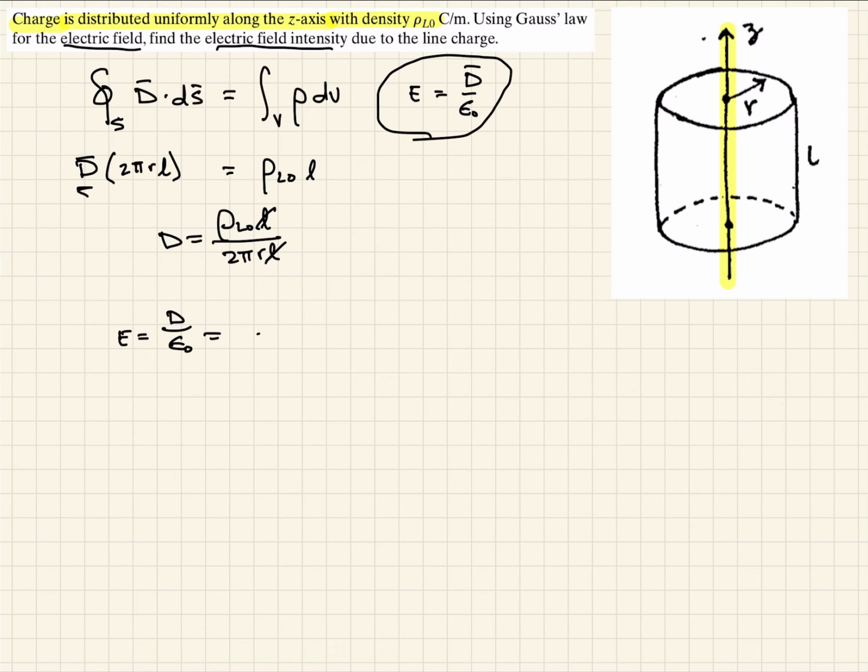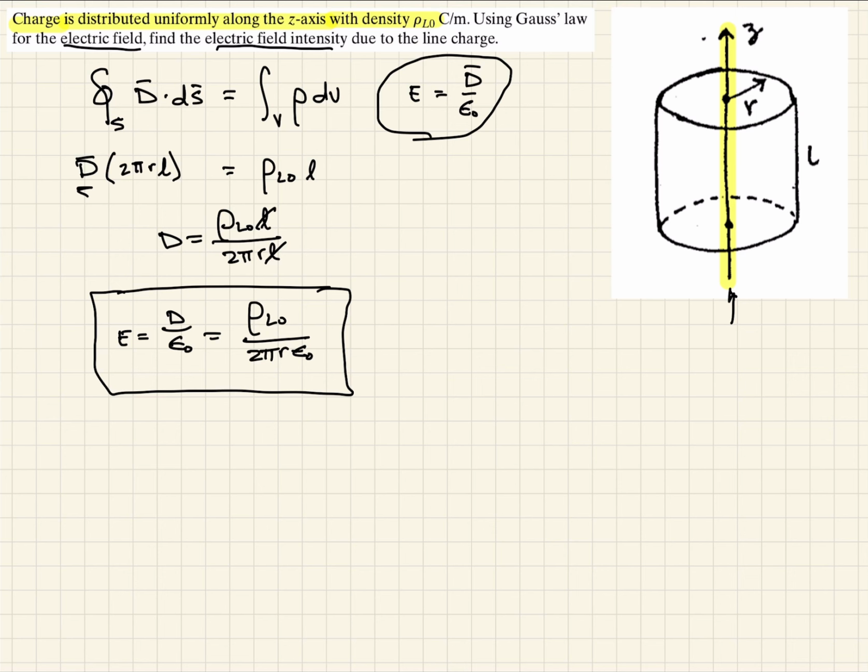So in that case, we'll have the charge density over 2 pi R epsilon naught, the permittivity. So this would be an expression to describe the electric field intensity of a charge evenly distributed down the z-axis.